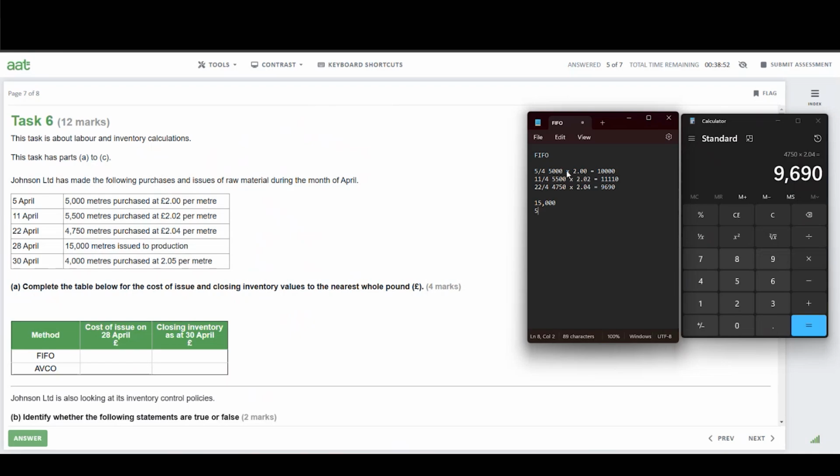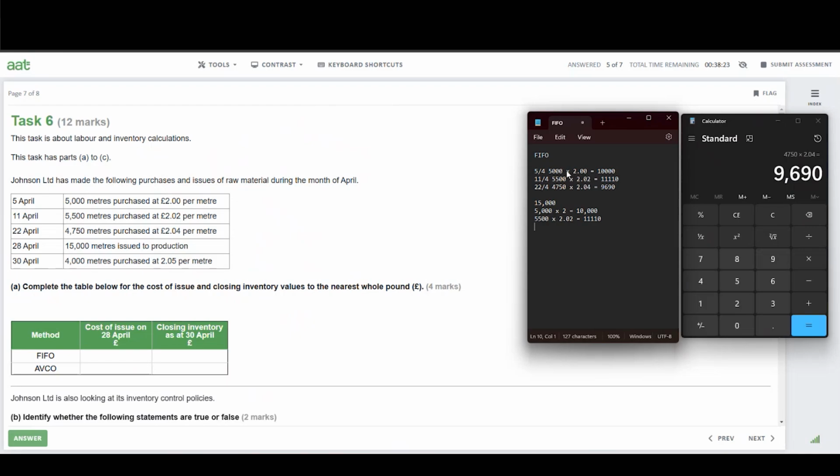So we'll issue the 5,000 units at £2, costing £10,000. And we'll issue all 5,500 of the units that cost £2.02 at a total of 11,110. Now we're issuing 15,000 units and we've made up 10,500 of those units so far.